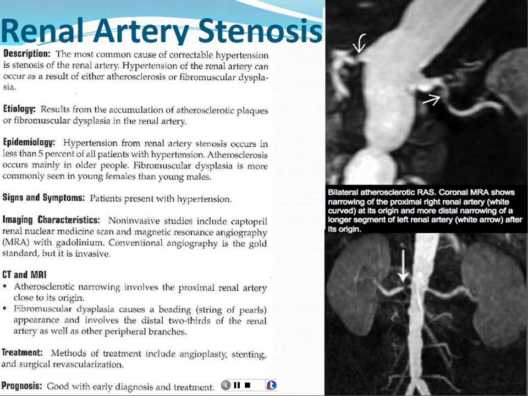This fibromuscular dysplasia that they mention is just a kind of sporadic mutation that I think is seen in families, but it just results in multiple areas of narrowing along the vessel. It's not very common. The more common reason that you're going to see this kind of narrowing is from atherosclerosis, just the same things that cause heart disease and strokes and all the troubles that we have with our vessels as we get older.